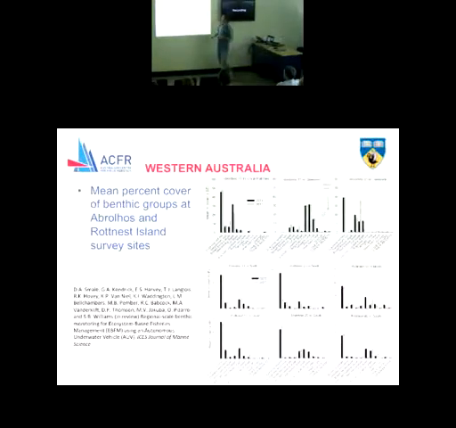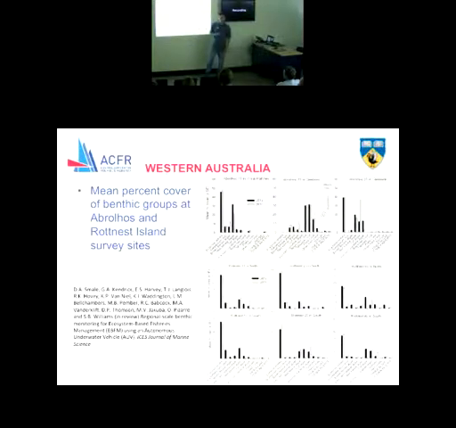We had a paper come out early last year looking at a comparison across years and across sites. So this is the Abrolhos sites that we surveyed. These are sites at Rottnest, looking at species along here, and mean percent cover is estimated from the CPC labeled data across 2 years.